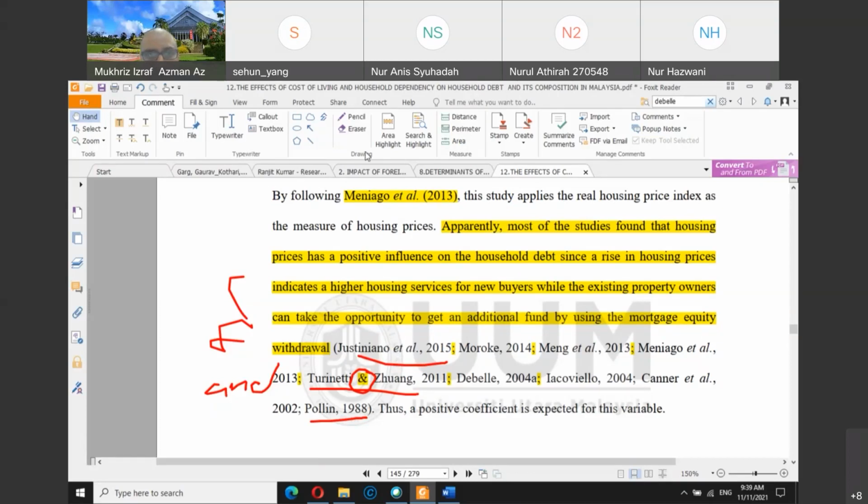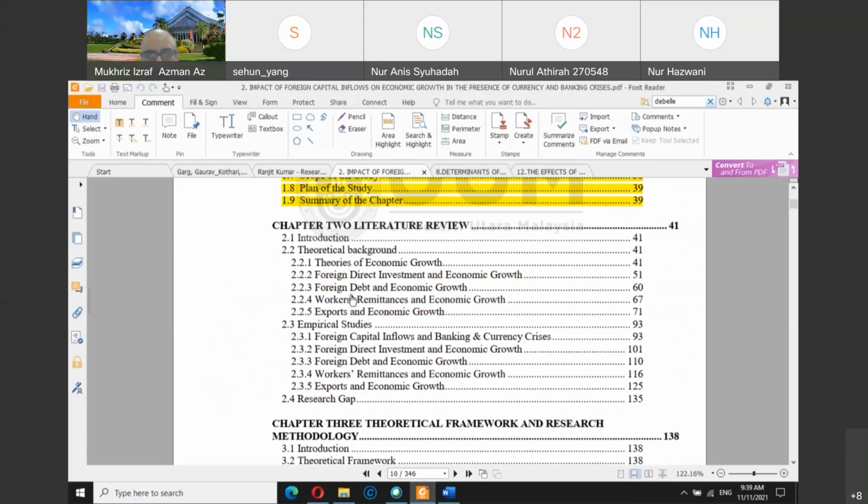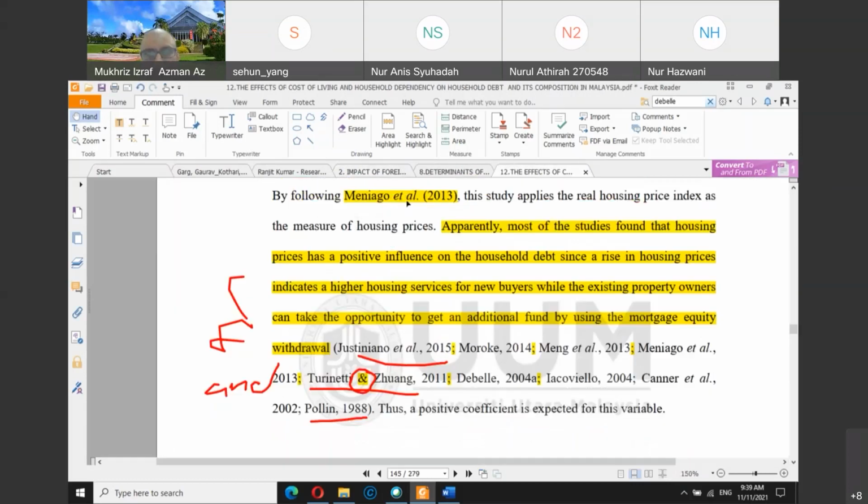Even though there is a dedicated chapter 2 where you summarize as many articles as possible, citing an article does not only appear there. When I mention et al., two authors or one author, citing inside the text or towards the end of the text, this style of writing does not only appear in your chapter 2.